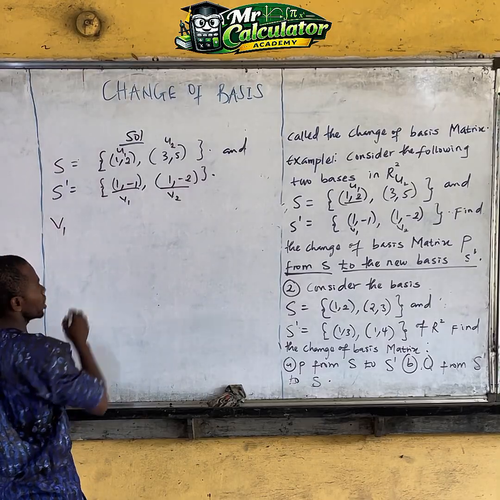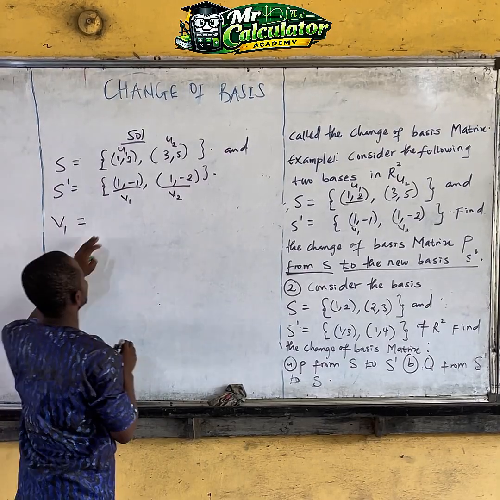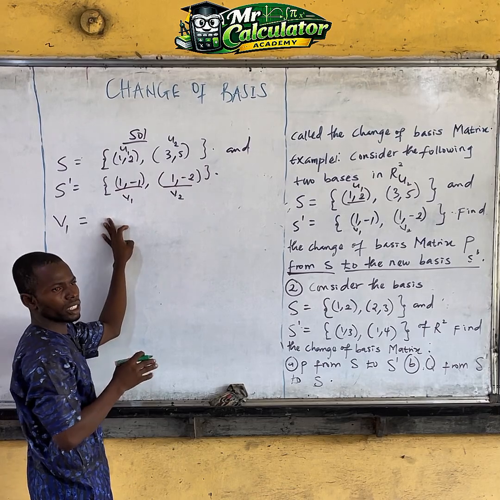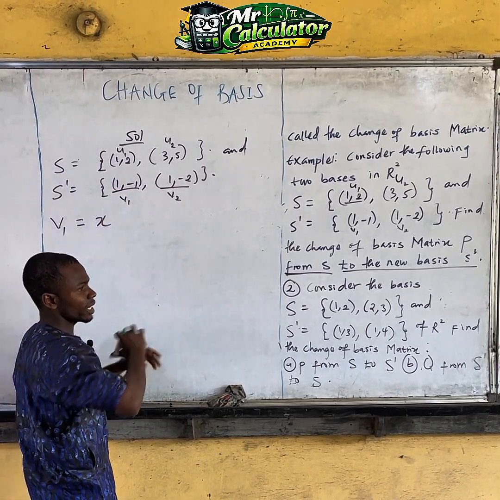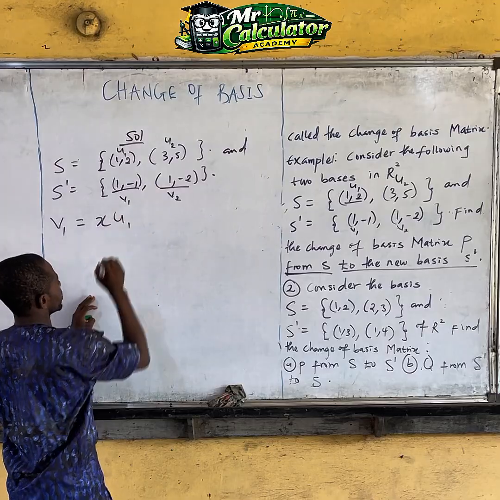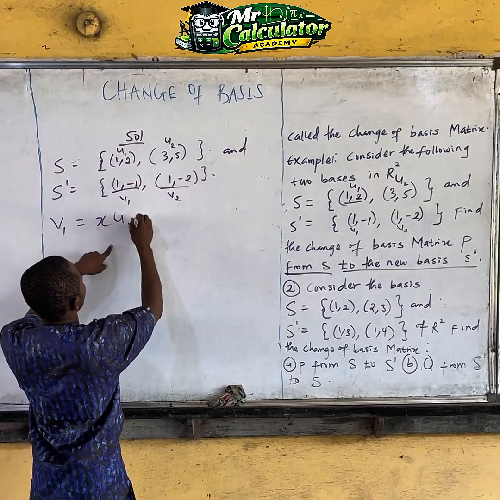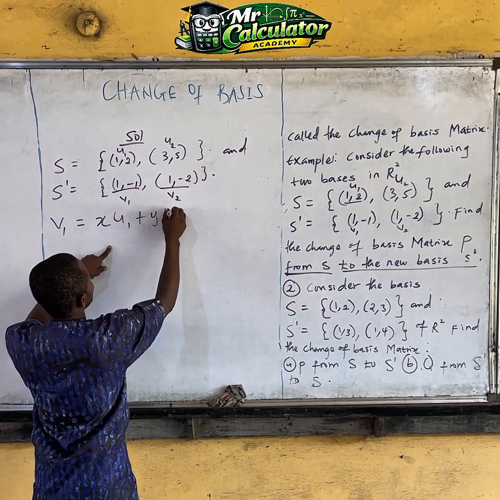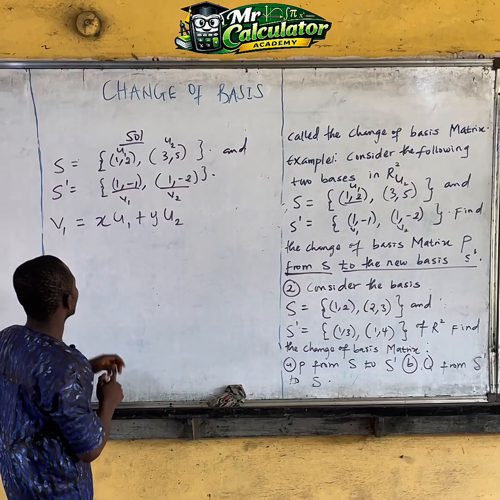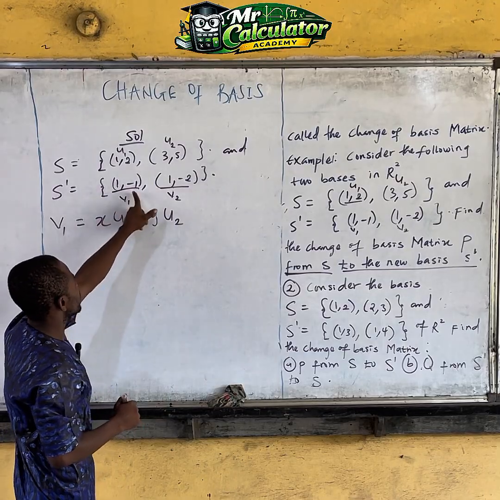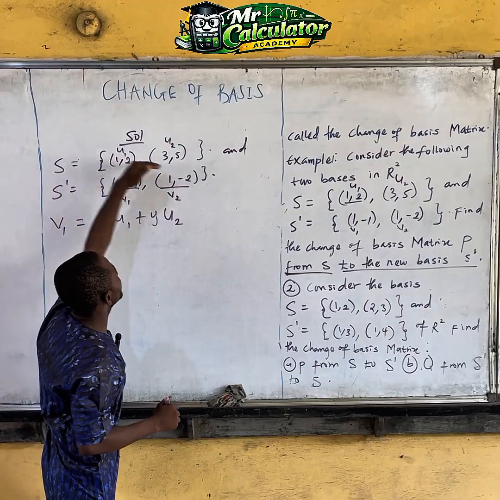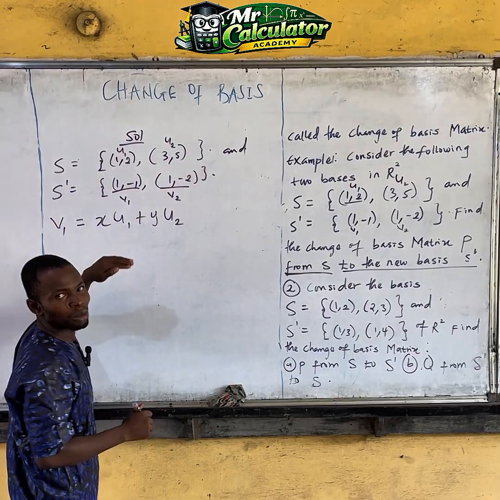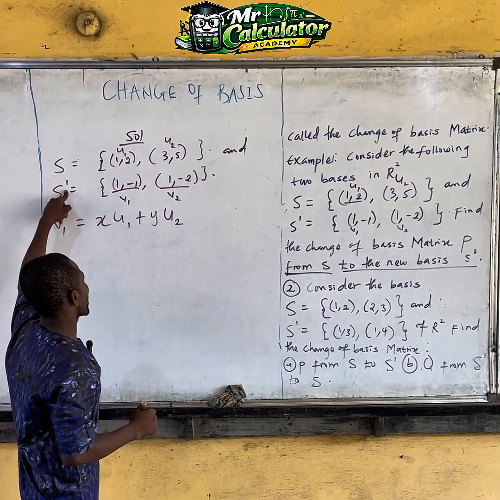V1 will be equal to, since it's a constant scalar, X U1 plus Y U2, which means we have written the basis V1 in S prime as a linear combination of the basis of S.